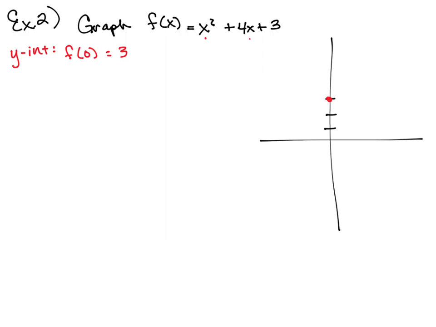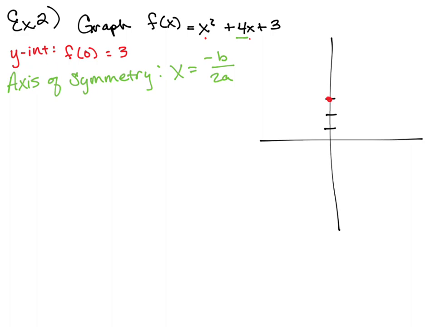The next thing I prefer to find is the axis of symmetry. And the axis of symmetry is located at x equals negative b over 2a. In this particular problem, b is going to be that 4.